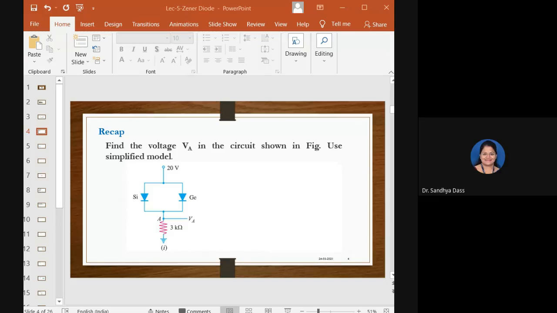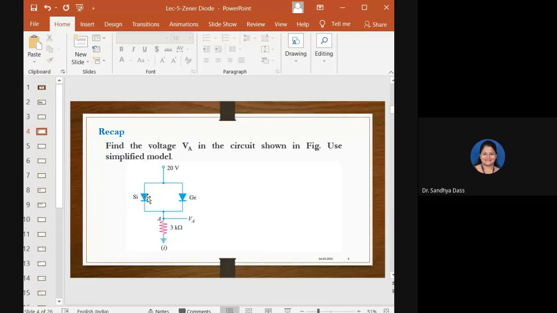Because ma'am, resistance of germanium is lesser than that of silicon, so it chooses the path from germanium. Correct. And there is a drop applied of 0.3 volts. So when applied voltage here is 20 volts and you have two diodes, silicon and germanium, as we discussed in the previous class, when the supply voltage crosses 0.3, germanium first starts conducting.